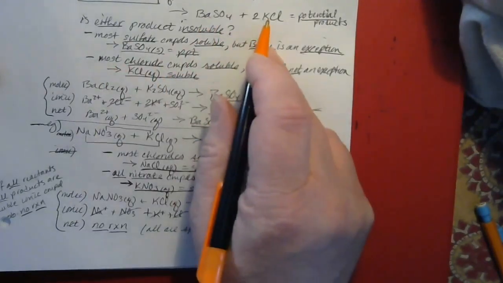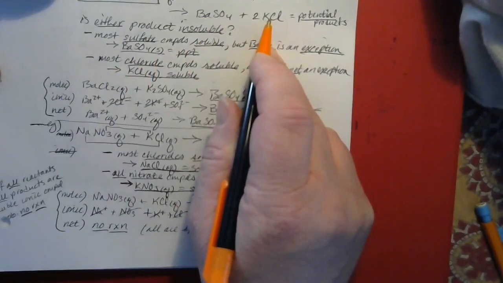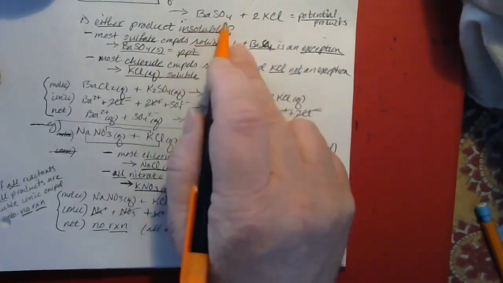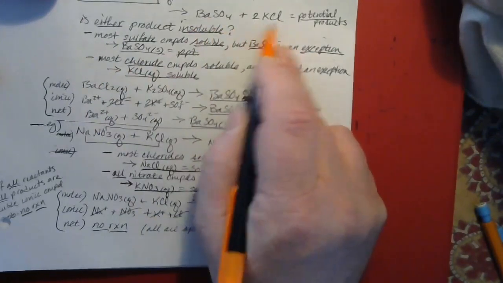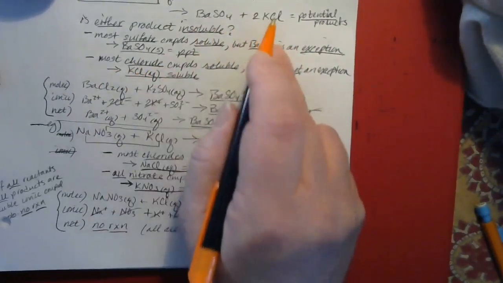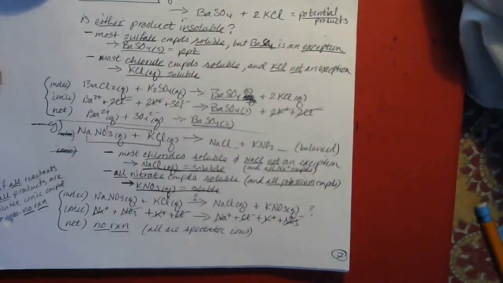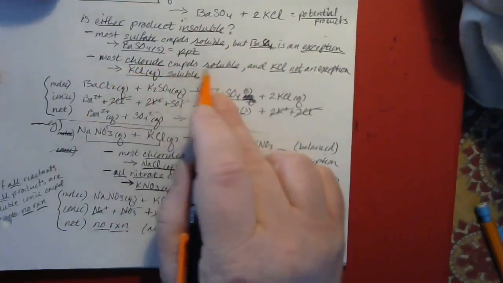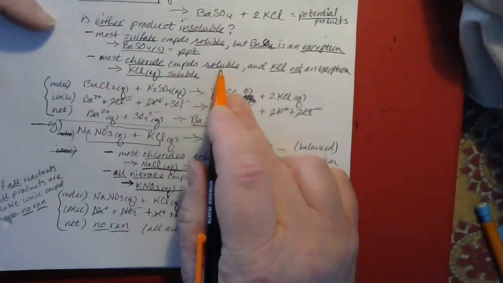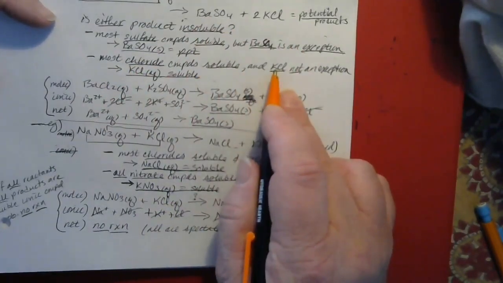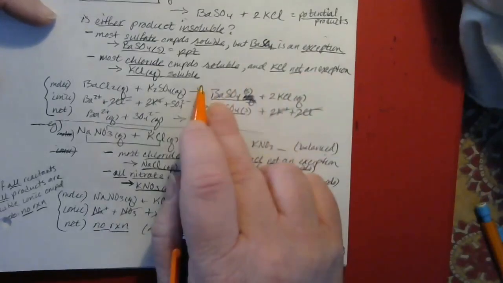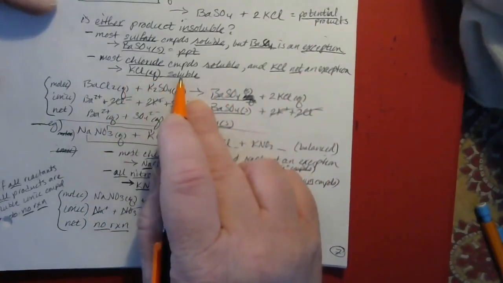And you should check the other possible product also, because, well, we know this reaction occurs, but every once in a while you might actually get two precipitates instead of just one. So we have to make sure whether this is also a precipitate or not. Most chloride compounds, according to the table, are soluble. And in fact, KCl, potassium chloride, is not one of the exceptions. So KCl is soluble.